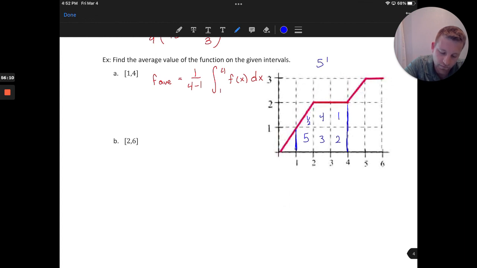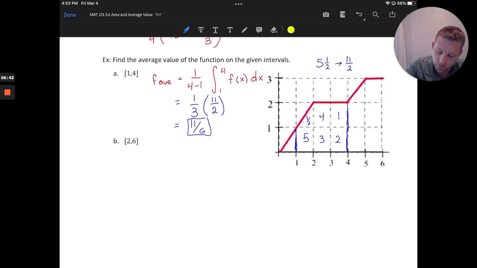So in this average value, it looks like we have a 1/3 on the outside, and then that integral itself will just be 11 halves for our area. So that average value comes out to 11 divided by 6, or just under 2.